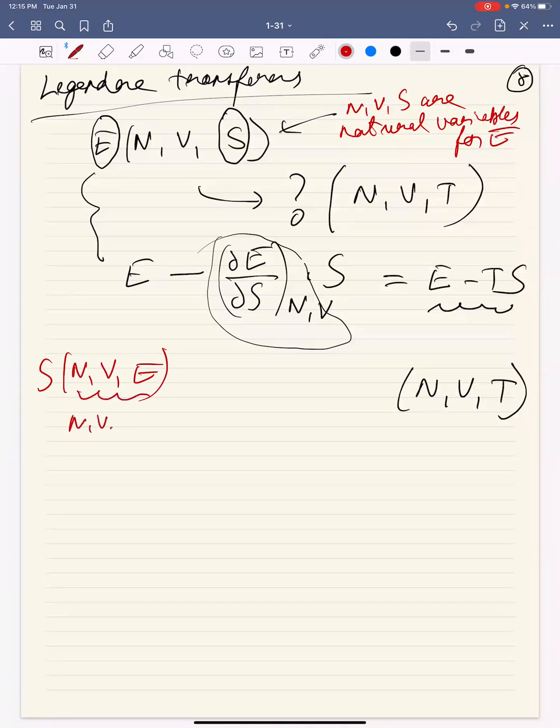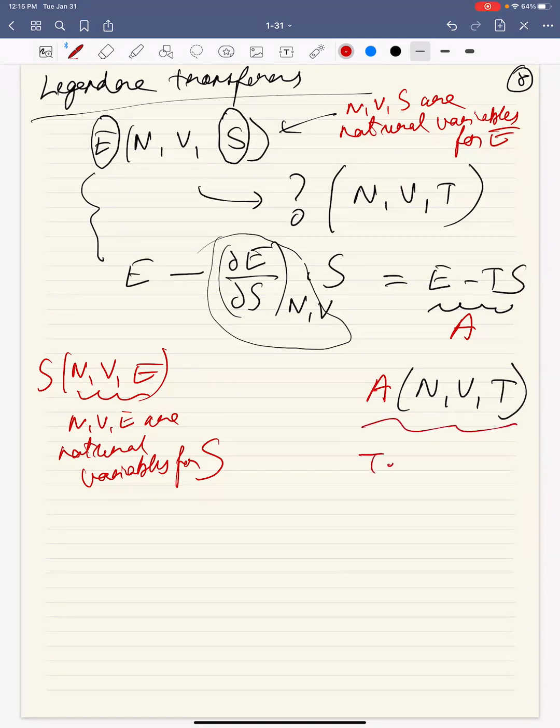Therefore, NVE are natural variables for S. This function, we call it A, or the Helmholtz free energy. So A, the Helmholtz free energy, has natural variables NVT, and this is thermodynamically complete.